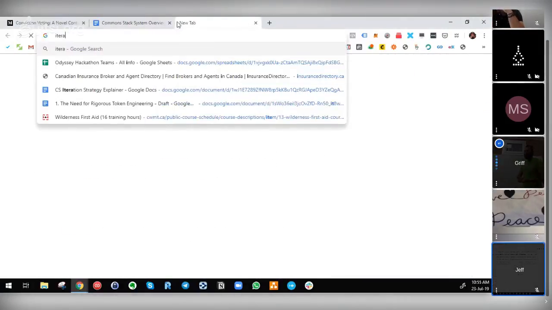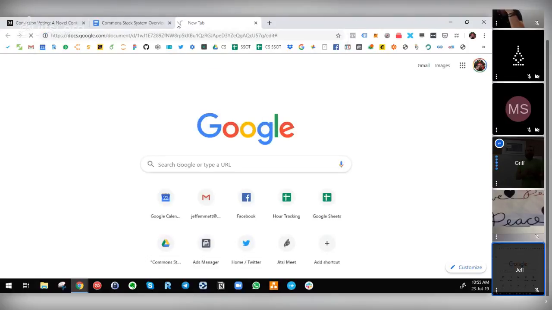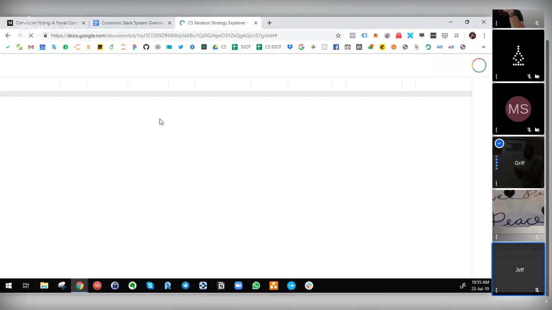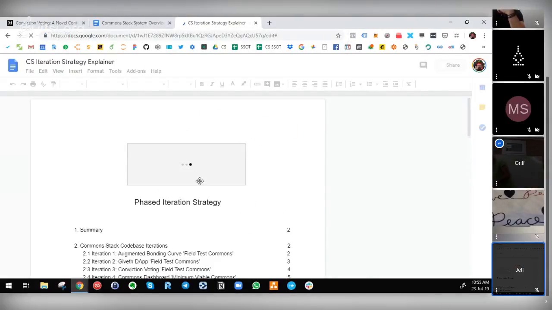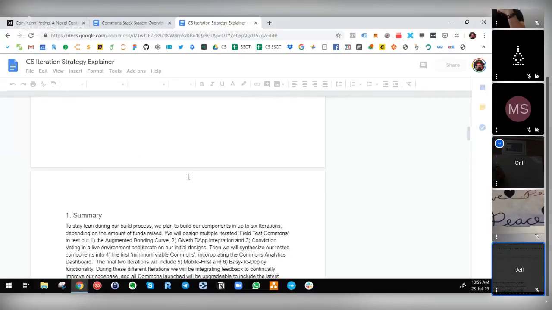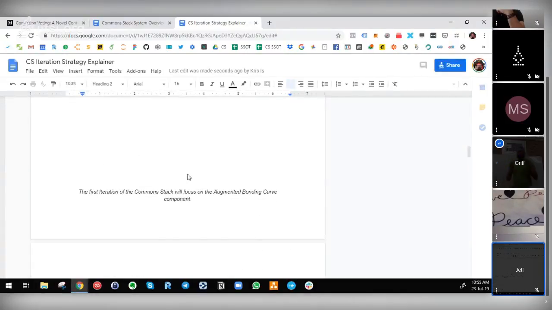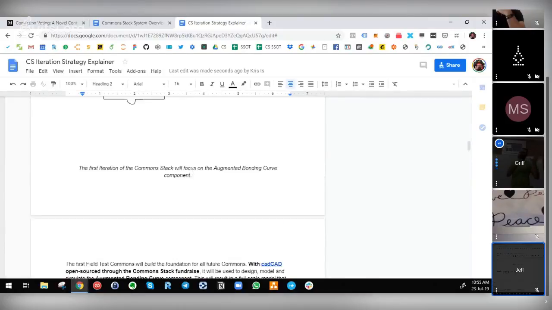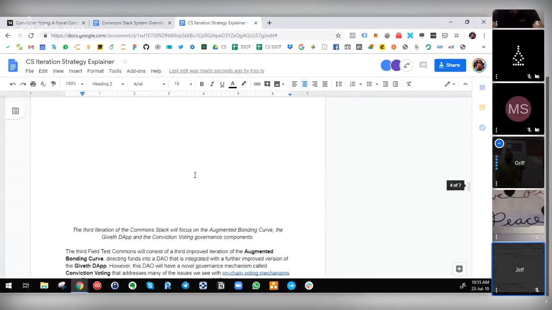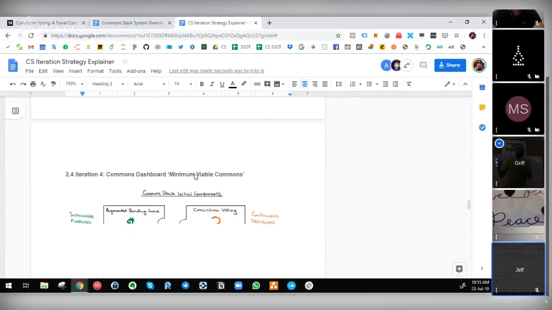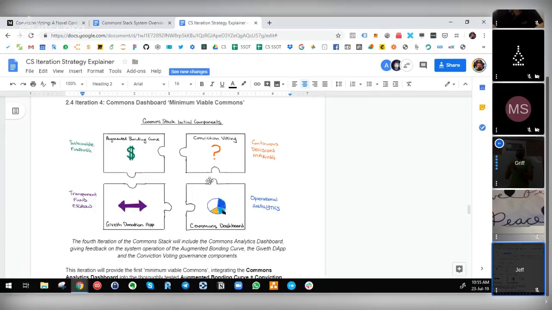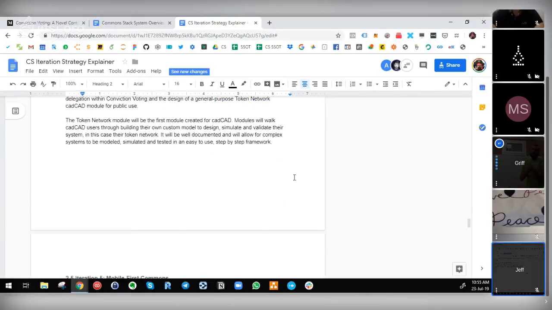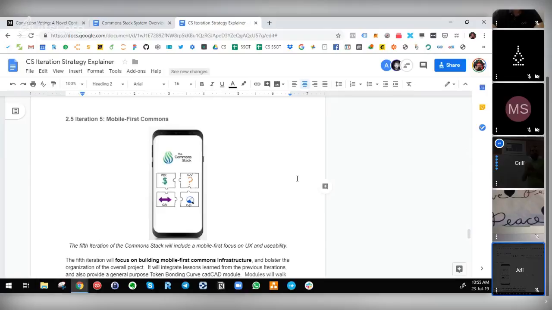Even in iteration 4, with the Common Stack, with the Commons Analytics dashboard. But when we get to iteration 5, the focus is on just taking what we built in the first 4 stages and continuing to improve that, while also focusing on UX and UI. And that's really stage 4, stage 5 and 6.